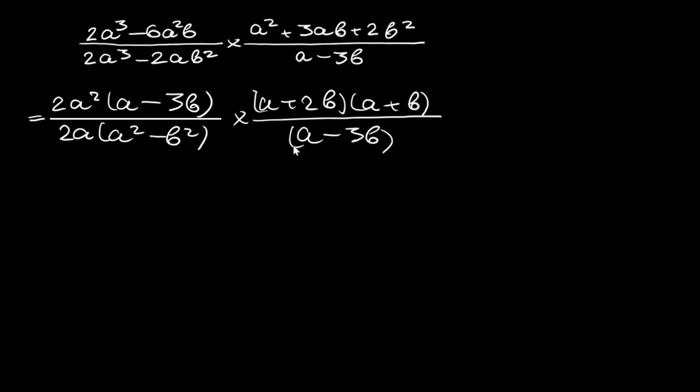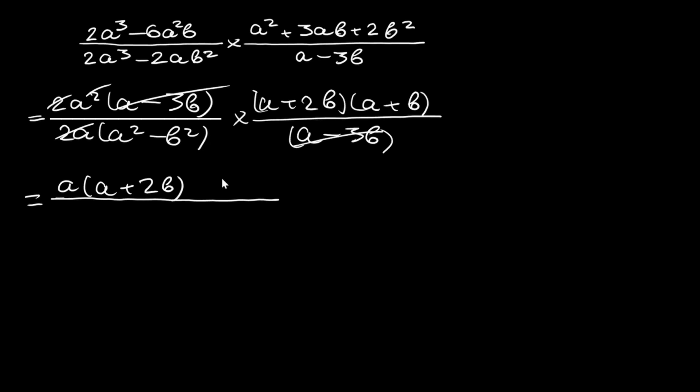And now we notice that we can cross these two out, also this, and let's see what remains. We have our a. We have also a plus 2b, and we have a plus b from here.